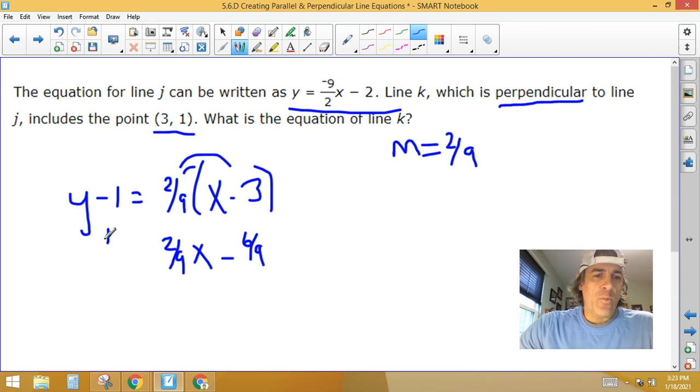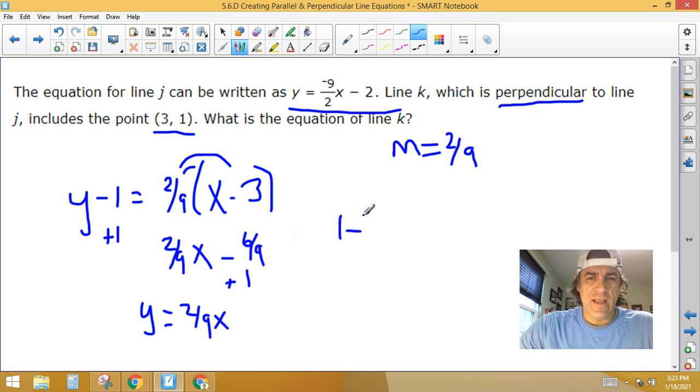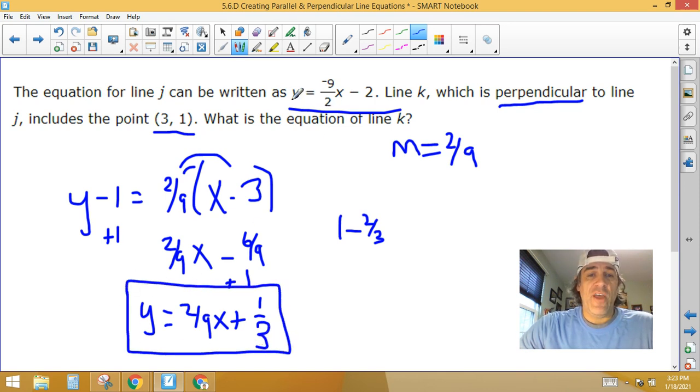And I'm going to add 1 here and add 1. So I'm left with y equals 2/9 x. Off to the side here, I have to do 1 minus 6/9, which I said was 2/3. 1 minus 2/3 is just 1/3, so plus 1/3. So this equation is perpendicular to J, and it goes through (3, 1).